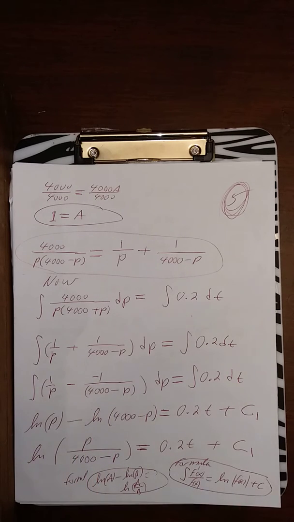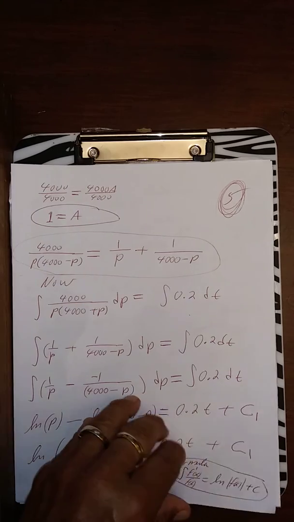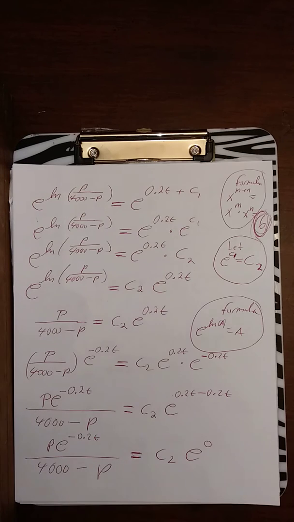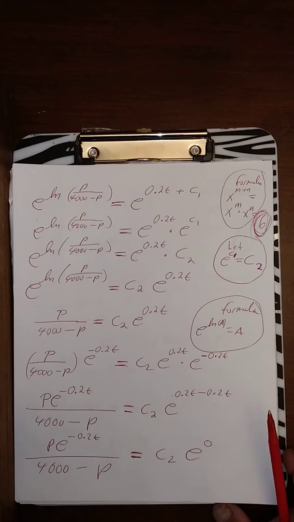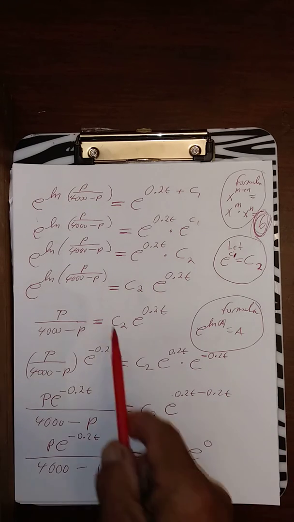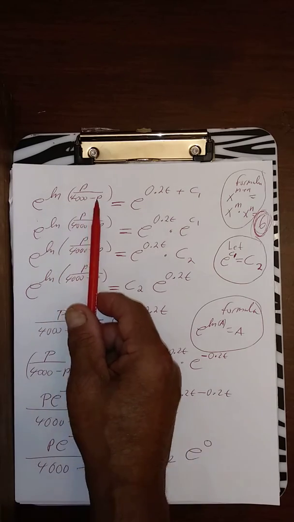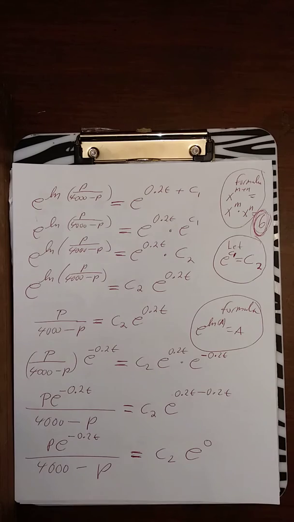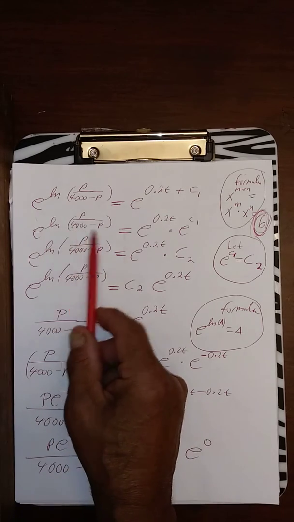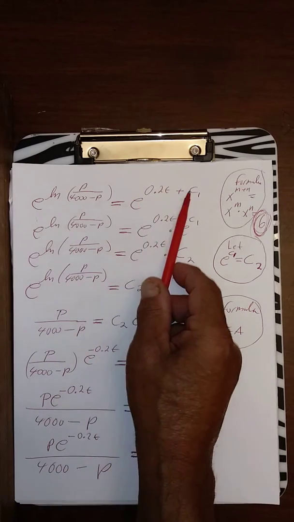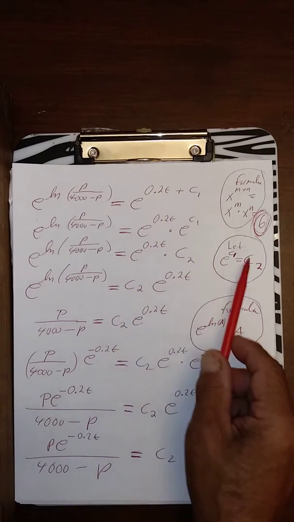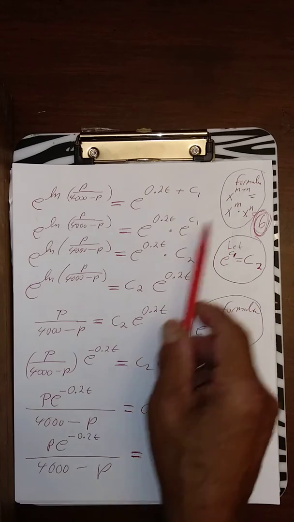Now, next step. We're going to take e to this side, e to that side. What does that mean? It means e to the ln of this, e to the ln of that. So now we have e to this side, those two together, e to the first one and the second one from this formula right here.